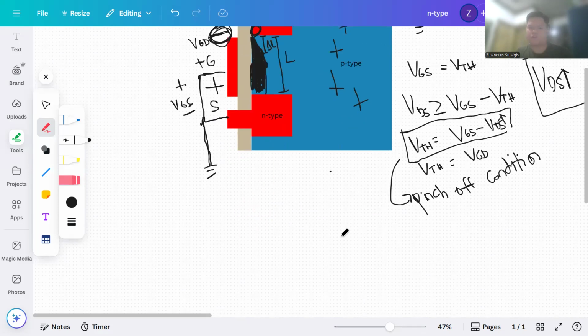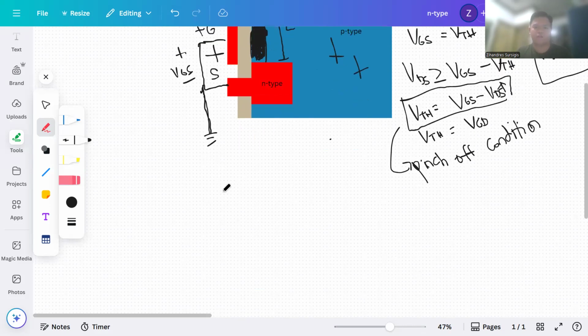So, a little bit of electromagnetics lang. Just remember na yung E natin is equal to negative nabla V. And this nabla right here means the gradient.